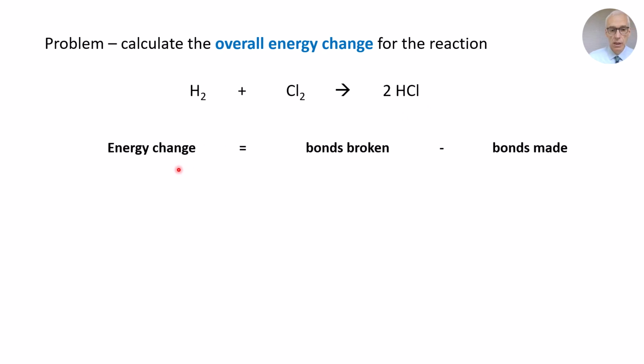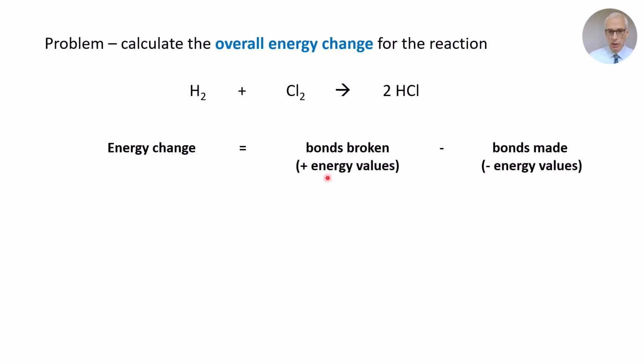Well, I'm going to say the overall energy change is the energy for breaking all of the bonds minus the energy released on making the bonds. So I'm going to account for the exothermic nature of the bonds being made by putting a negative in front of the bonds made energy values. So that formula will work very nicely.